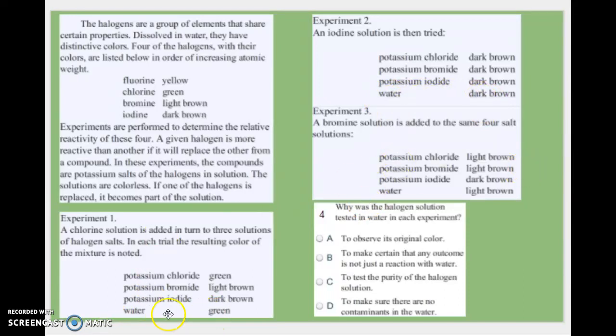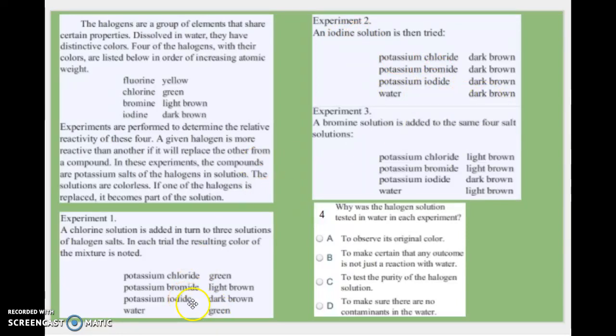But what water is, is the control. And the control basically shows that nothing else is going on with it. That it's not randomly turning a color because of some other compound in the solutions, right? It shows that just that solution alone is going to turn that color.